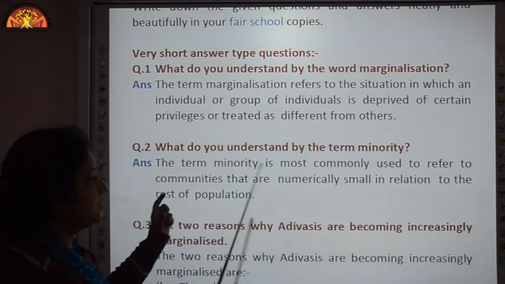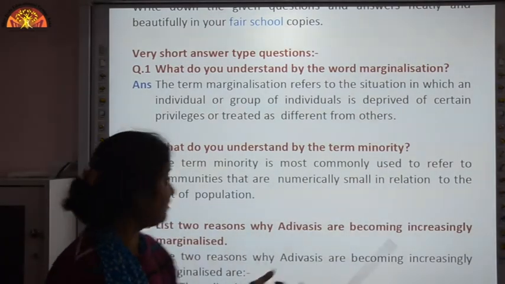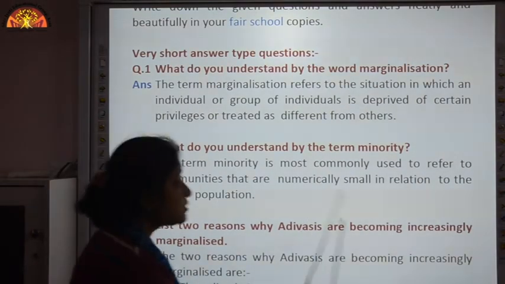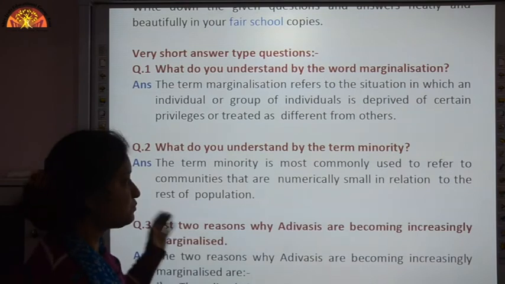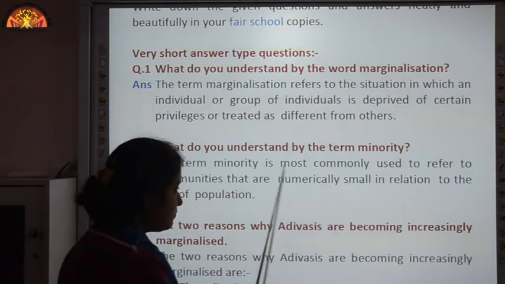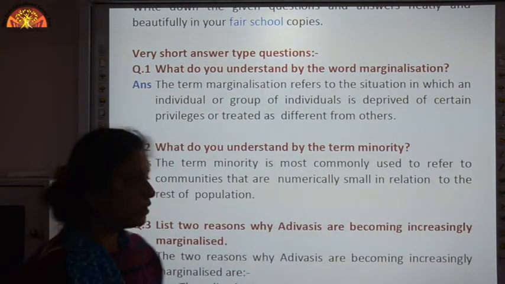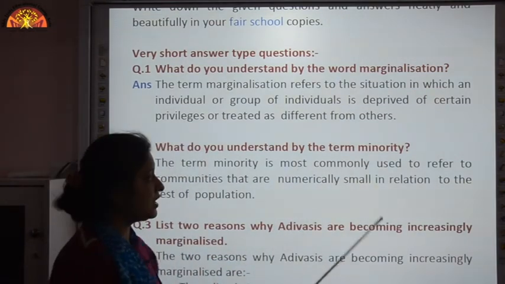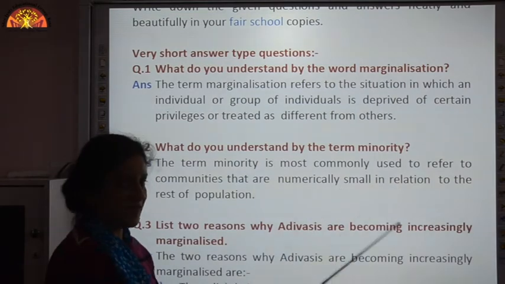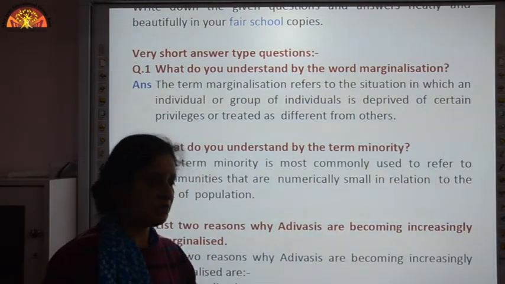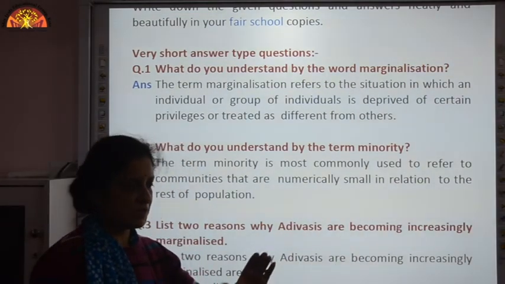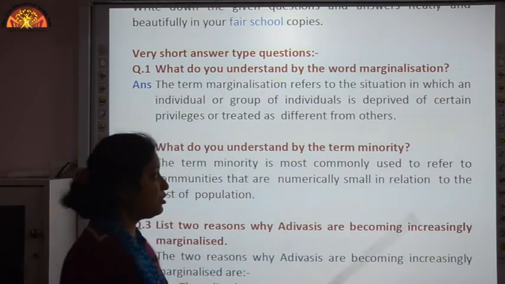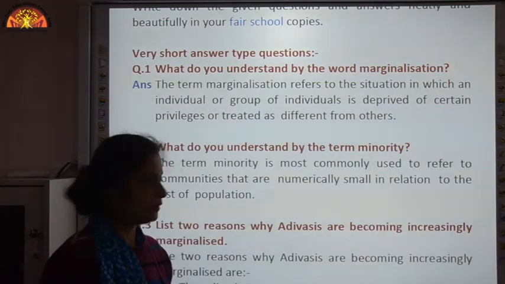The term minority is most commonly used to refer to the communities that are numerically small in relation to the rest of the population. अगर हम नंबर के अकॉर्डिंग काउंट करें तो वो ग्रुप ऑफ पीपल विच इज स्मॉल इन कंपैरिजन टू द रेस्ट कम्युनिटी. सपोज 100% पॉपुलेशन में अगर हम देखें तो वो अगर 13, 14, 8, 9, 10% हैं, उस कम्युनिटी को हम माइनॉरिटी बोलेंगे.